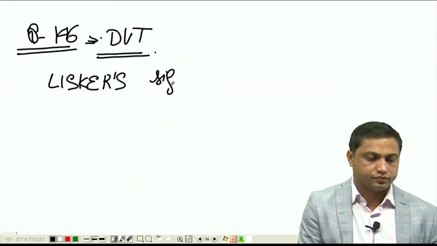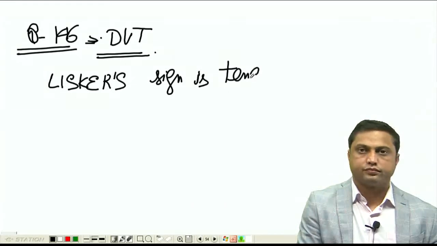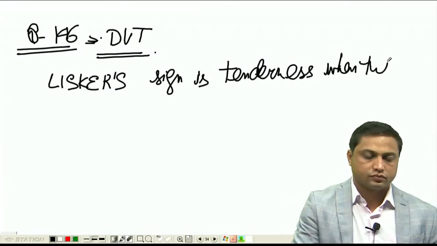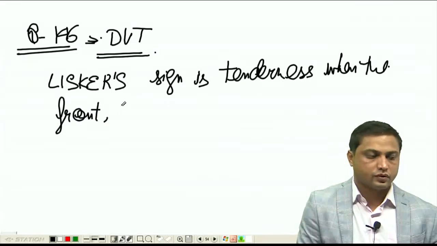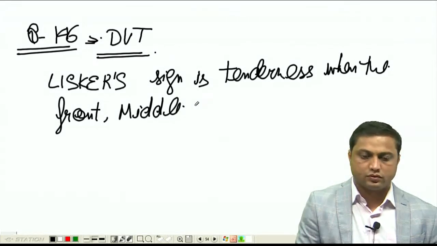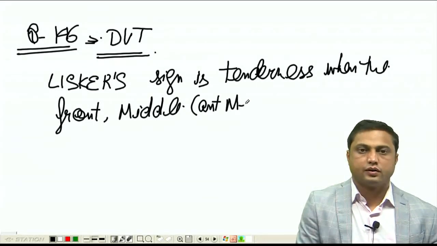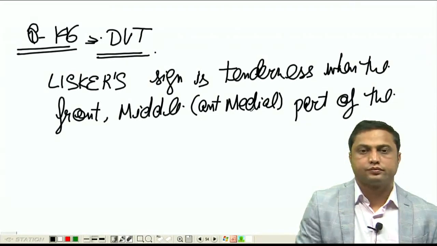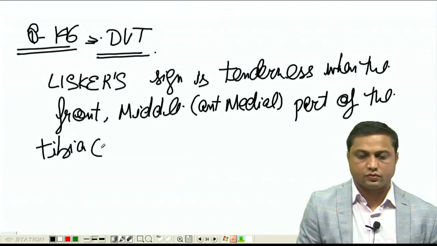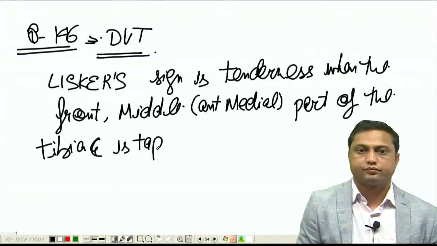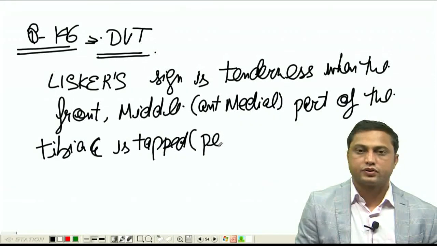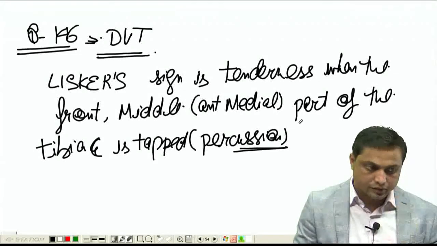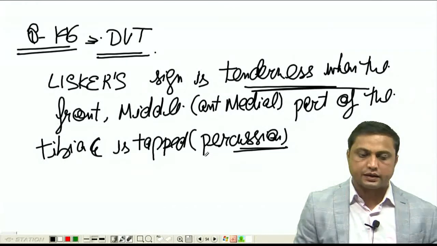Lesker sign is tenderness when the front middle anterior medial part of the tibia is tapped, means when we do the percussion, so basically we see there is a tenderness.